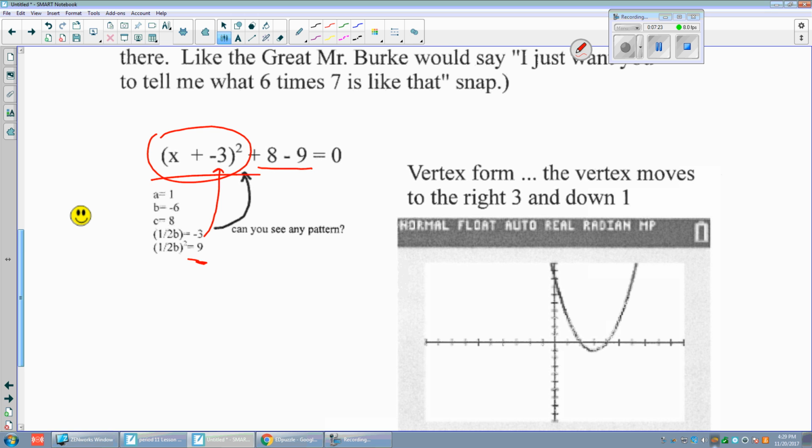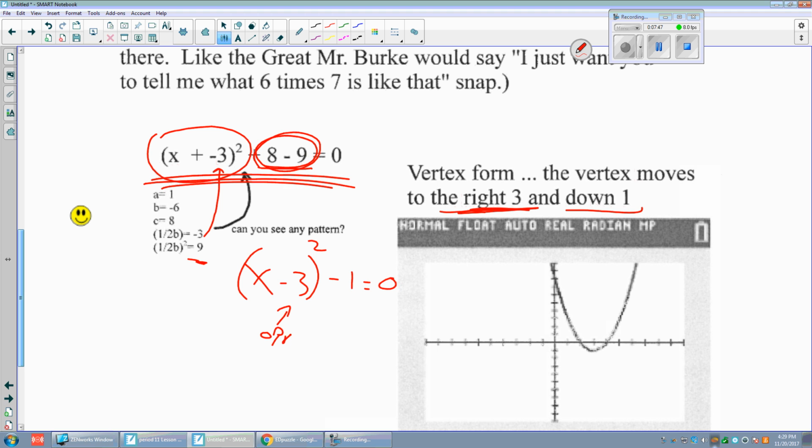This is vertex form. X plus negative 3, and change it to just x minus 3. Can't I do that? Yes. Adding a negative is the same as subtracting. X minus 3 squared. Now, I'm going to combine those. Minus 1 equals 0. The vertex, 3 to the right, down 1.